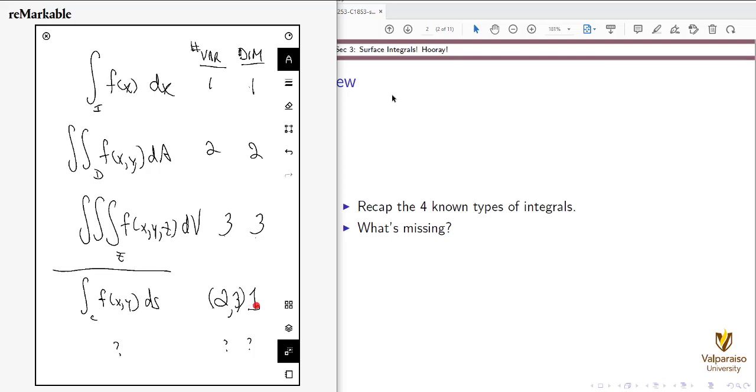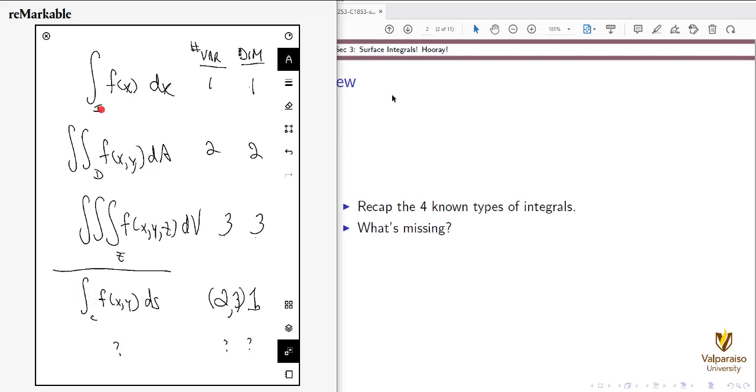And so notice the pattern that's been building here is the number of integral signs that we put on our integral is not counting the number of variables that are in the function. It seems that way, but that's not what's happening. The number of integral signs that you see is counting the dimensionality of the footprint of the integral.